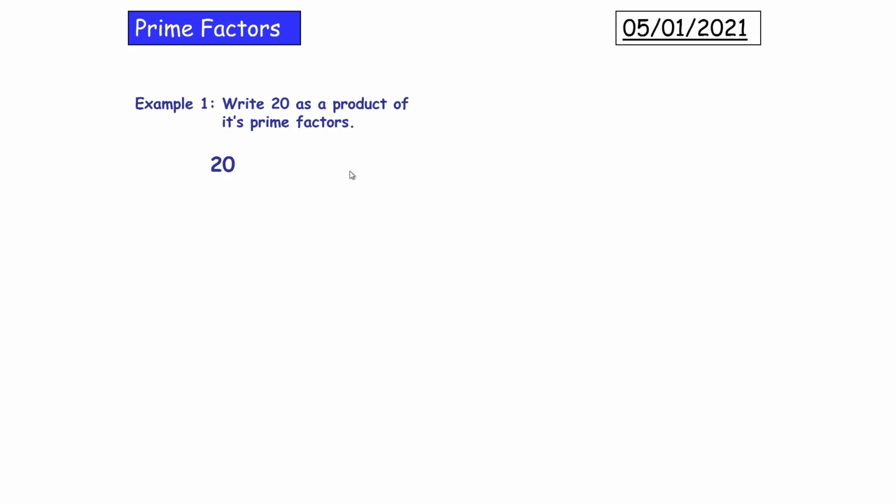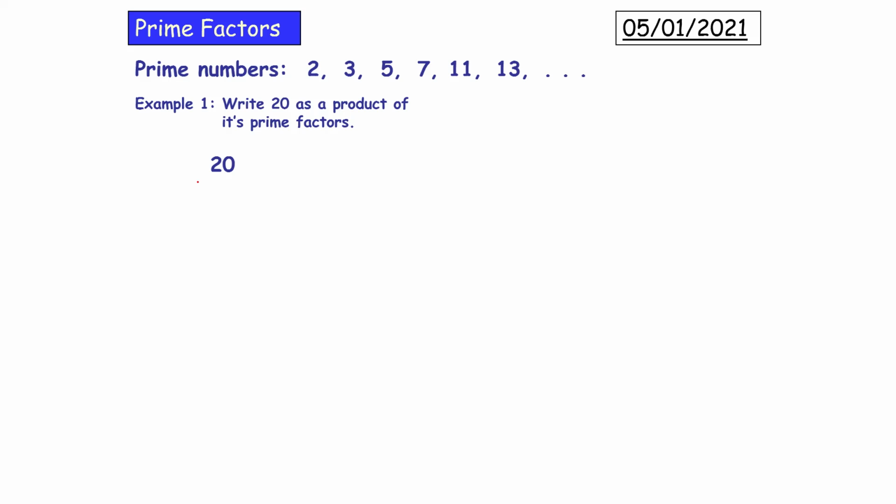So in this question, it asks us to write 20 as a product of its prime factors. Okay, so let's do that then. Now, I'll need my prime numbers first. So that was 2, then 3, then 5, 7, 11, 13. I'm going to stop there. I think that's enough.